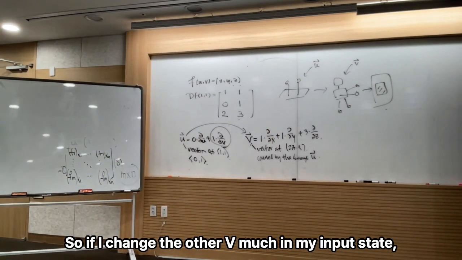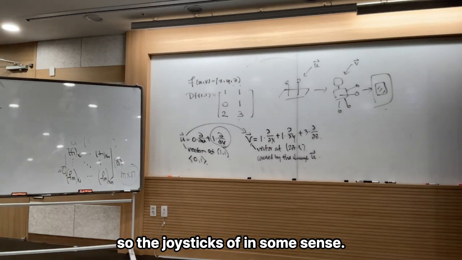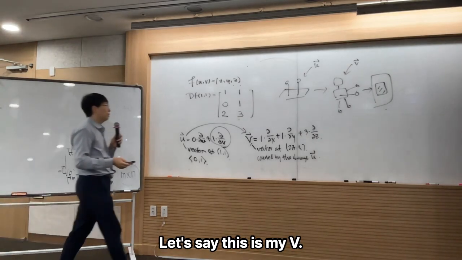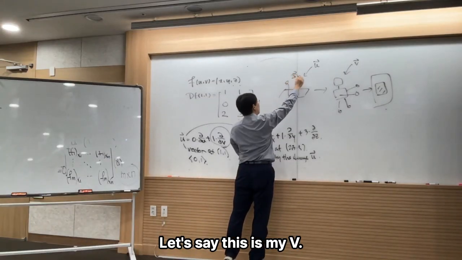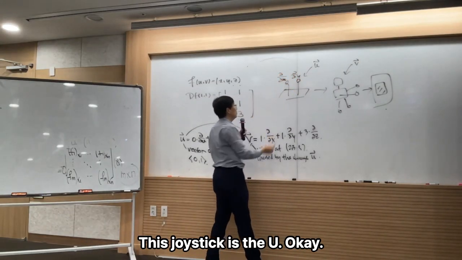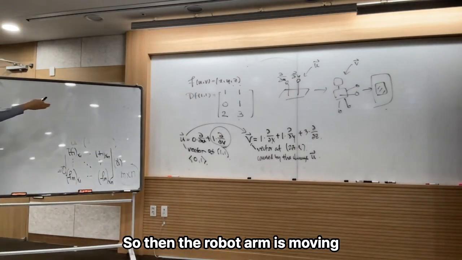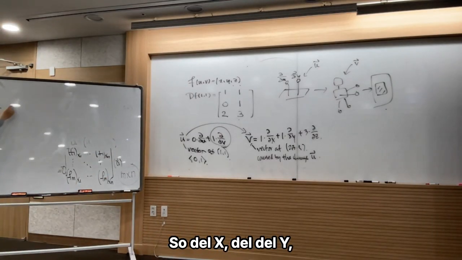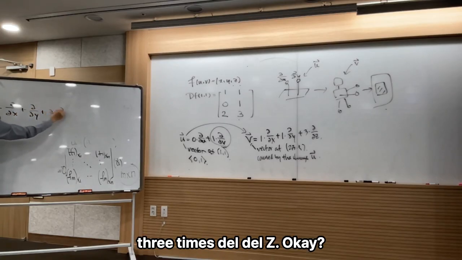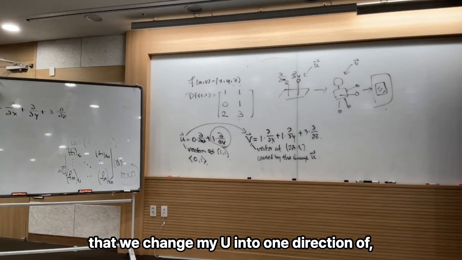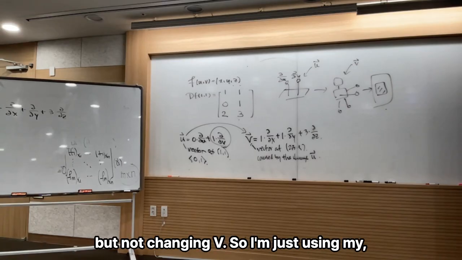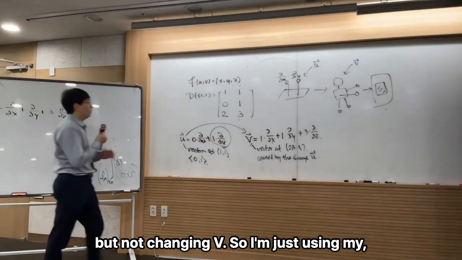If I change del V in my input state, the joystick, let's say this joystick is del V and this joystick is del U. Then the robot arm is moving in three dimensions: del X, del Y, 3 times del Z. Now suppose I change U in one direction with unit speed 1, but not changing V. I'm just using my second joystick.